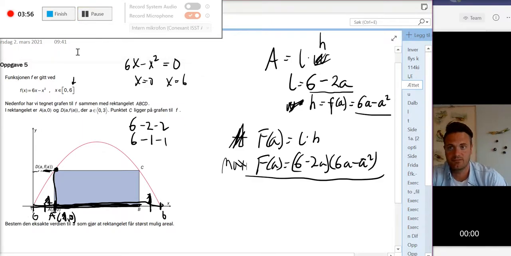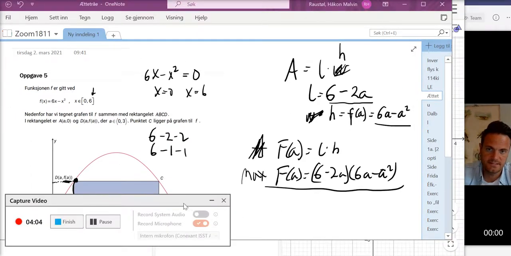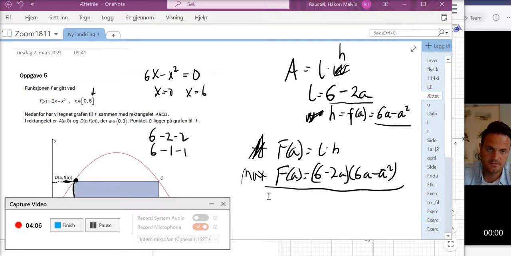You could do it by hand, of course, by finding the derivative and so on. But this is the hard part in these optimization exercises, to find the function. Then we only need to find the maximum of this, which we can do in CAS.